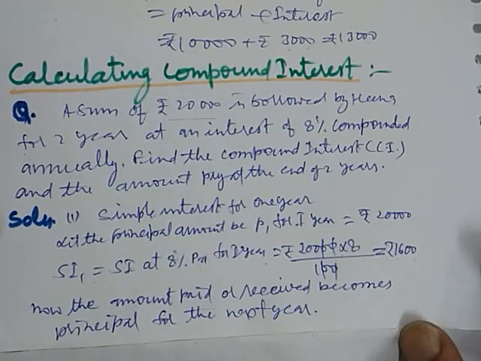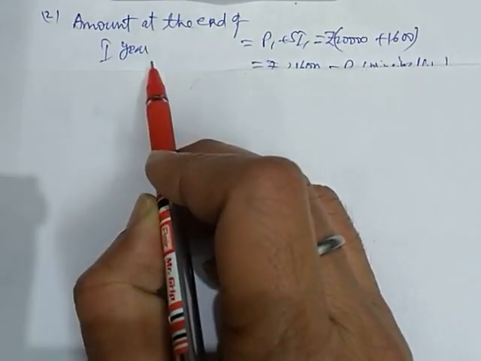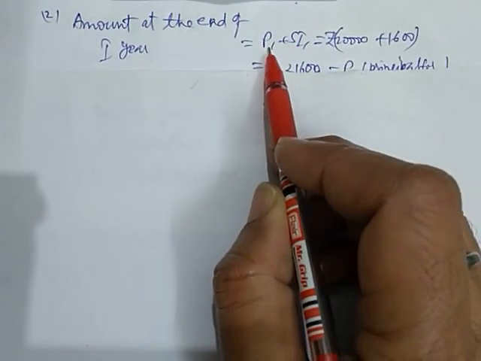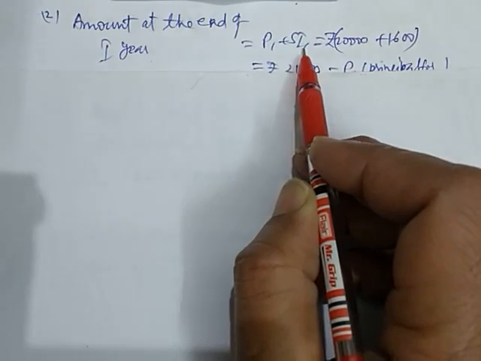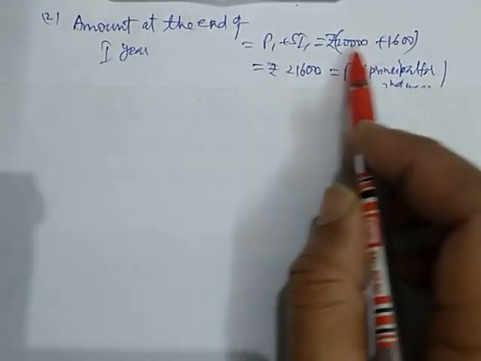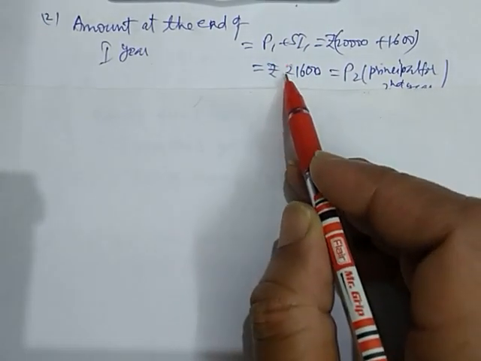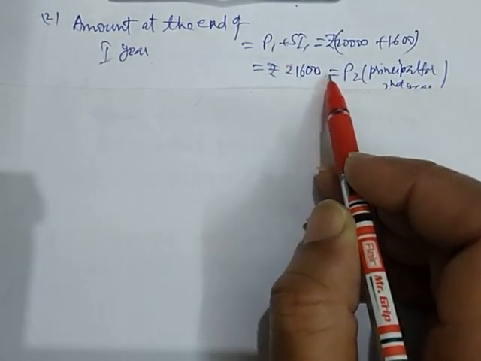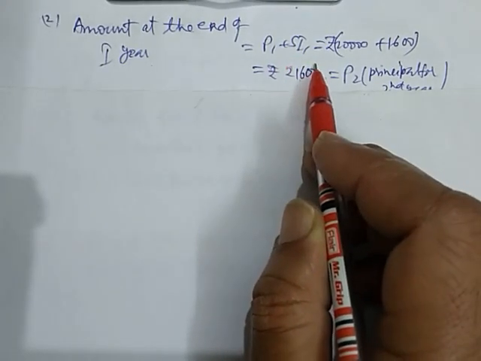This is the difference. The amount at the end of the first year: P1 is 20,000 and simple interest for the first year is 1600. Adding these two, we get rupees 21,600. This is the amount after the first year.